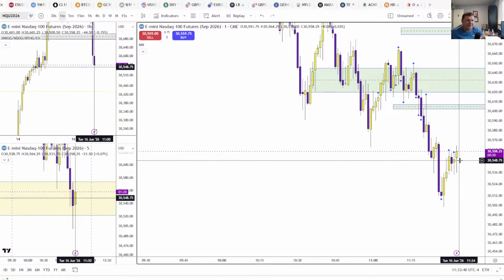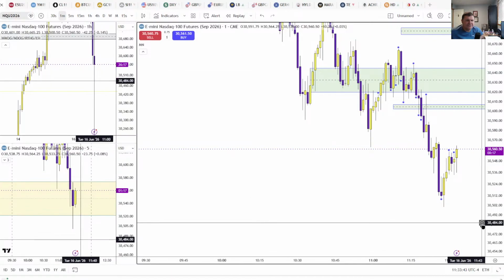See it push up high now. I want to see it run back into this range.